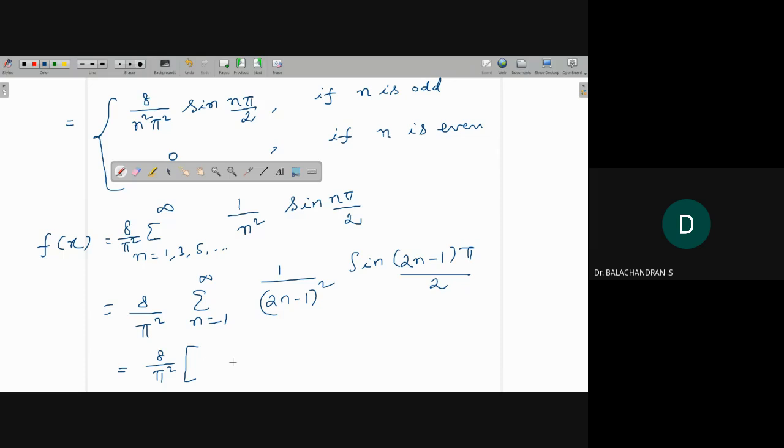into, we substitute n equal to 1, 1 by 1 square into sin(pi x by 2), I think I missed x, n pi x by 2. So pi x by 2. n equal to 2 means 1 by 3 square. Sir, there will be sin(n pi by 2) also.